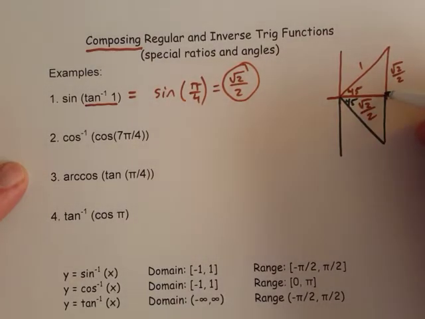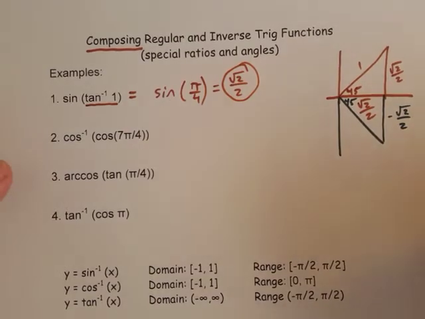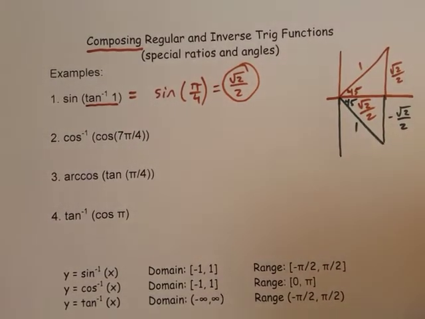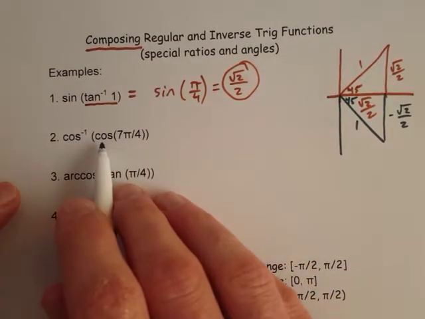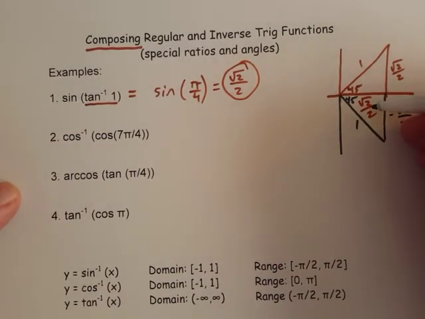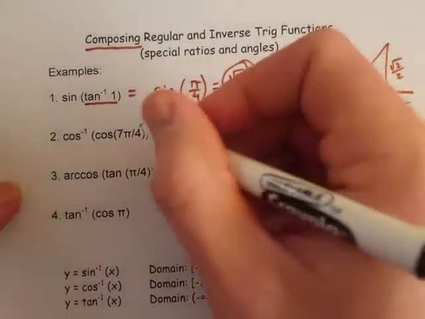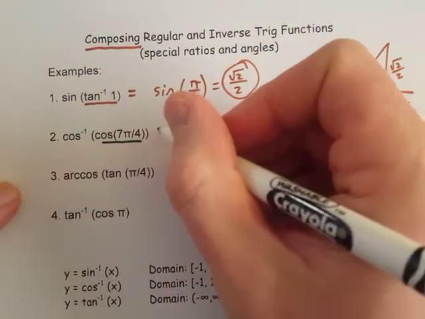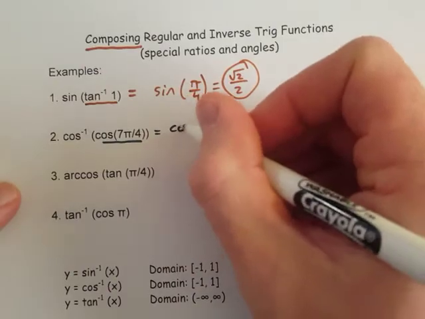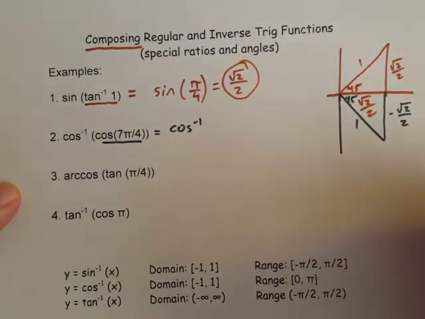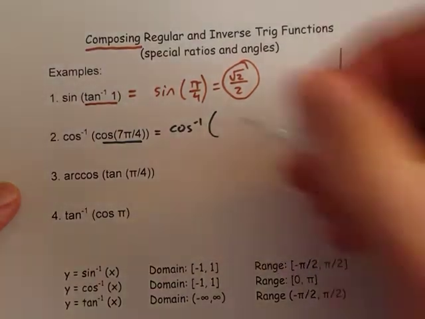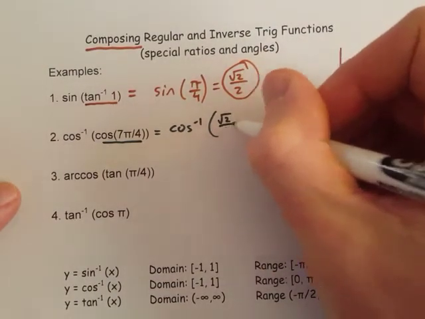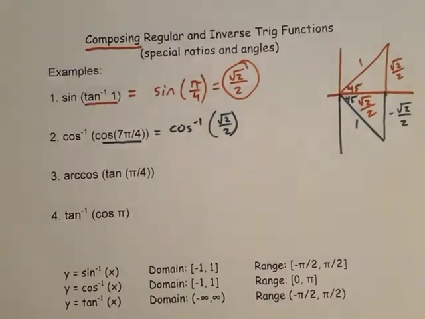It's still square root of 2 over 2 along here, but then this is negative square root of 2 over 2 along here, and that hypotenuse is 1. So what is the cosine of 7 pi over 4? Well, it is adjacent over hypotenuse. So in this case, replacing what's in here, we're going to rewrite this as cosine inverse of square root of 2 over 2 divided by 1, which is square root of 2 over 2.